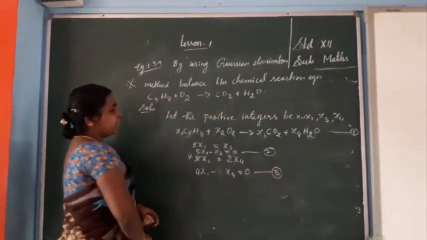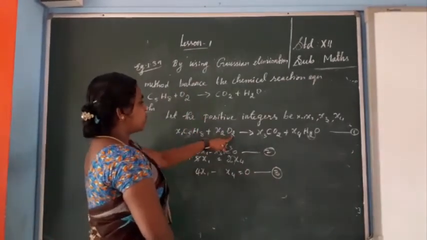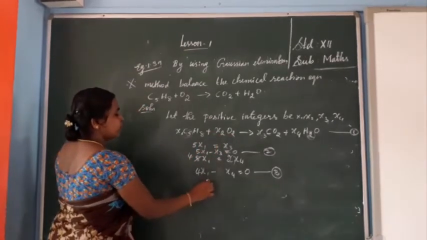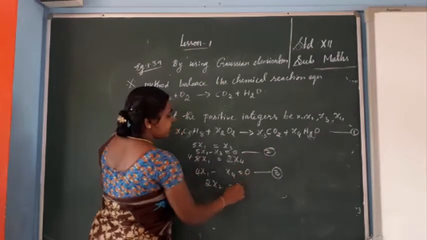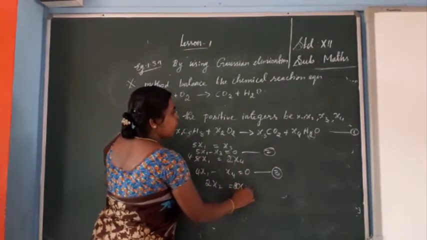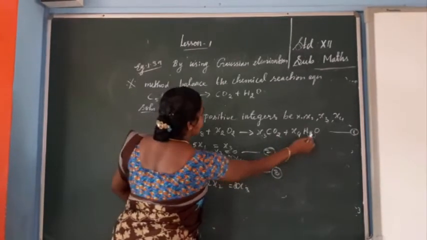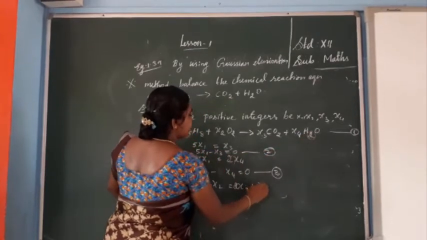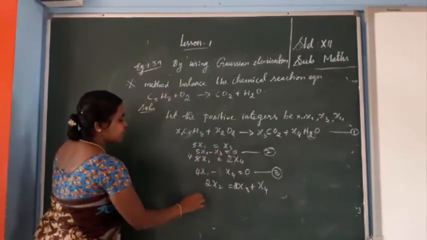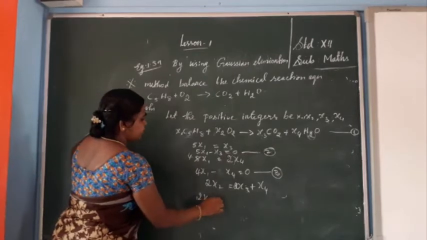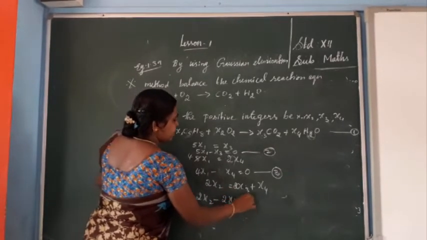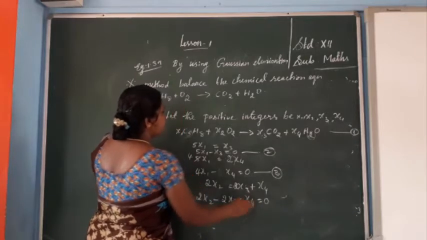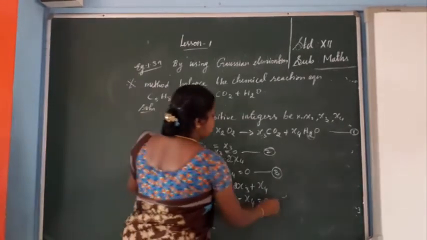Next you compare the oxygen elements: here 2, so 2x2 equal to, right hand side, 2x3, and one more is there, so x4 also. Now we take it to the left hand side: 2x2 minus 2x3 minus x4 equal to 0. So this is equation 4.